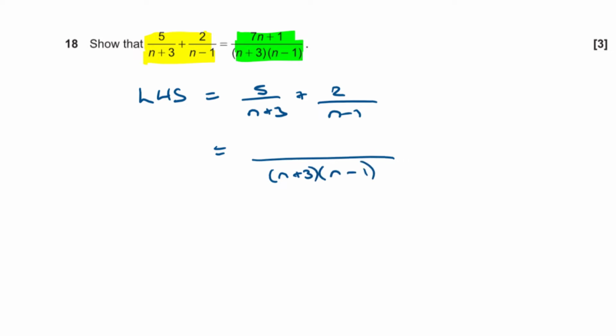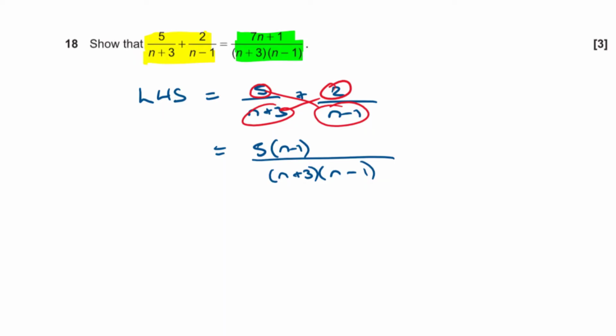So put it over a common denominator like that. How many times does n plus 3 go into n plus 3, n minus 1? It goes in n minus 1 times. So I need to take that 5 and multiply it through by n minus 1. It's basically that times that on the top, and that times that.